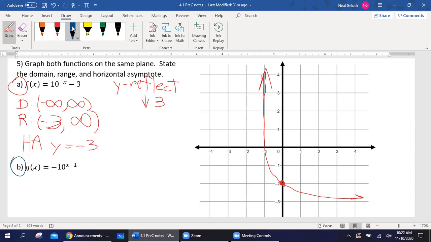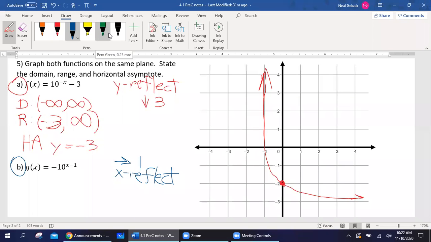For letter B, let's see what our moves are. This one is going to the right one because I have x minus 1, so that means it's going to go right 1. A negative out in front is going to x reflect. So again, think of the point starting at 0, 1.